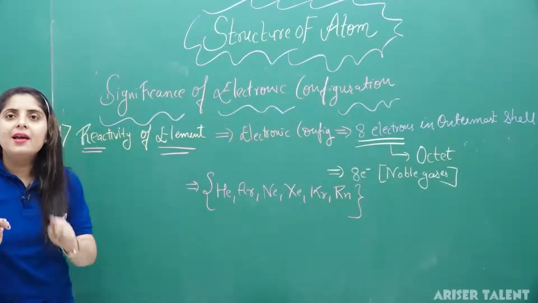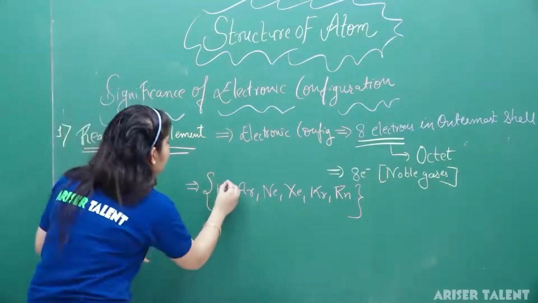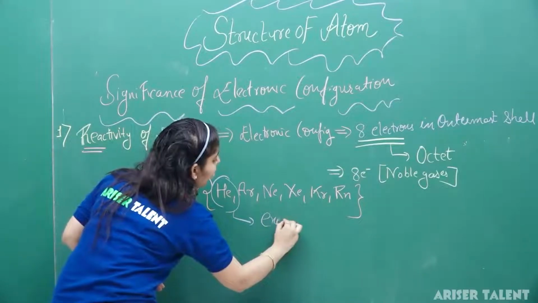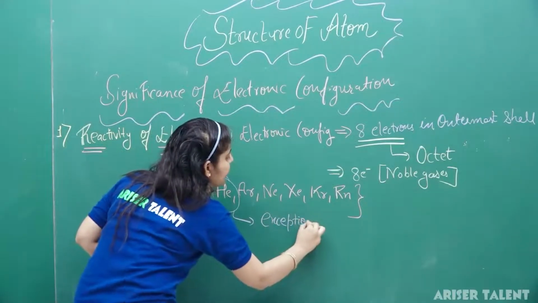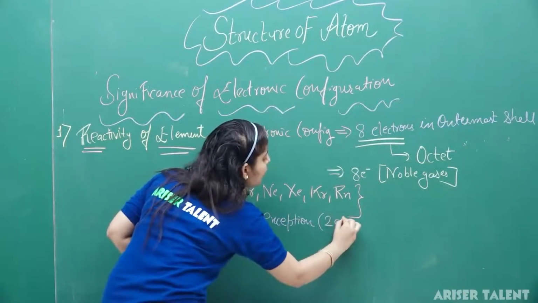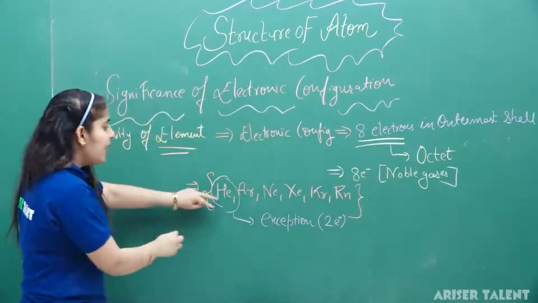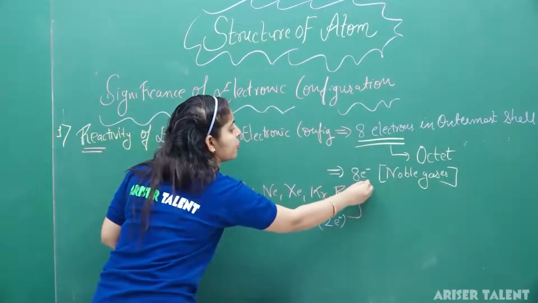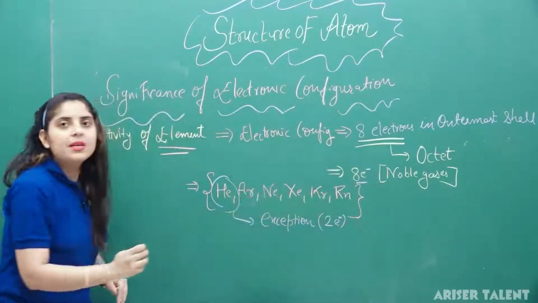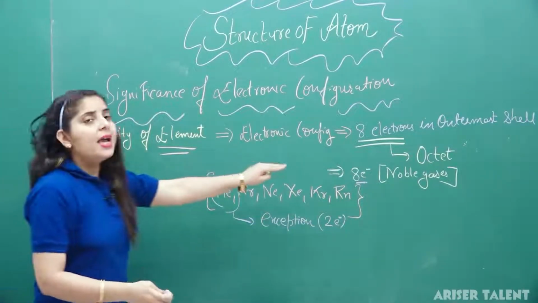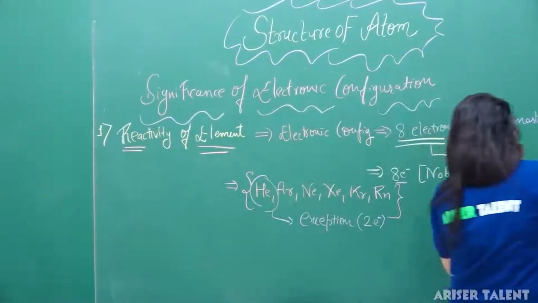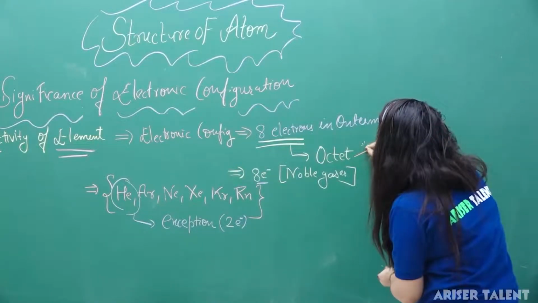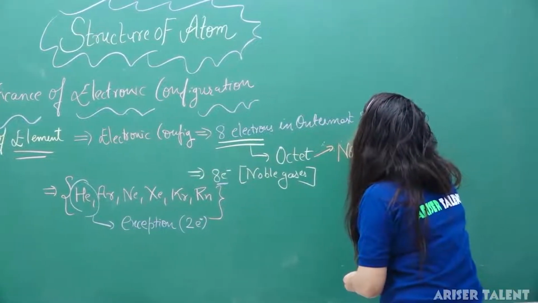It only has 2 electrons in the outermost shell. Except helium, all the elements present here have 8 electrons in their outermost shell. It means we can say that they have their octet complete, and these are considered in the category of non-reactive elements.